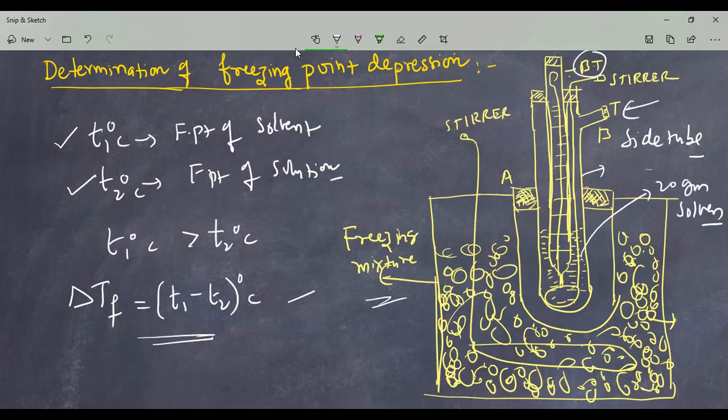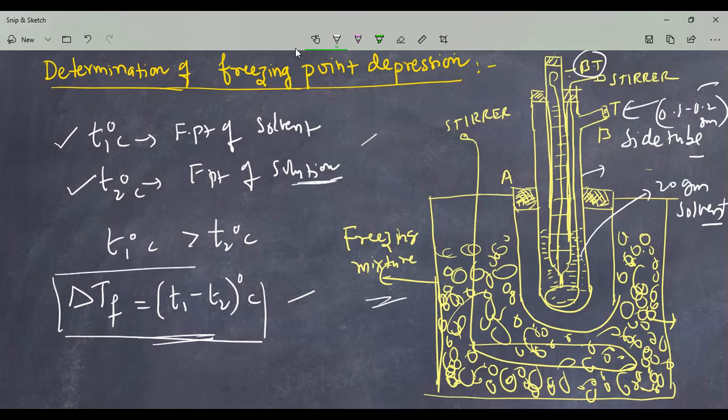Then from the side tube, we add 0.1 to 0.2 grams of non-volatile solute, and we see the T2 degrees Celsius solution freezing point. That difference we call delta TF, the depression in freezing point of the solution.